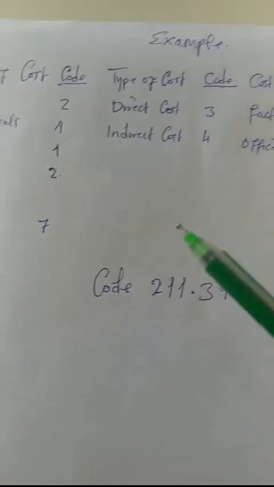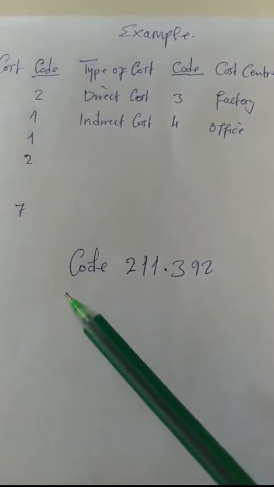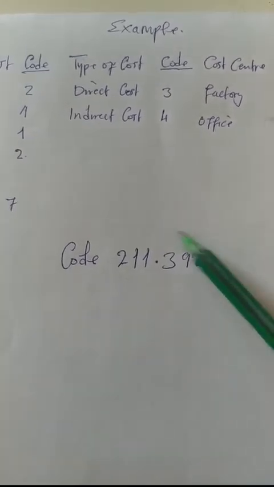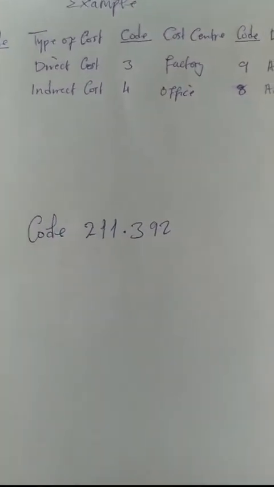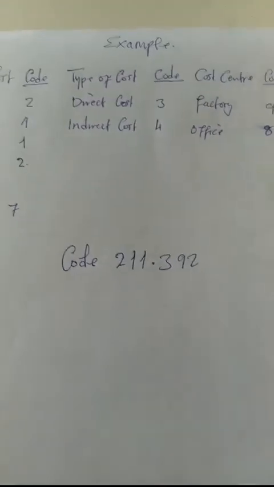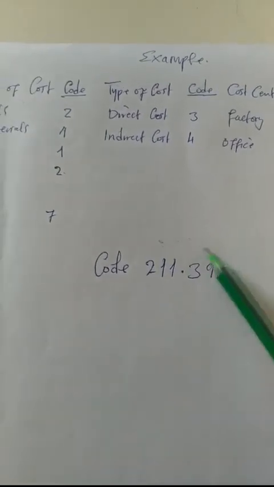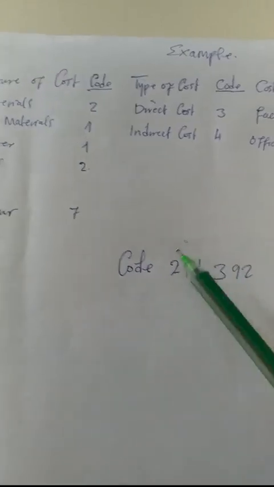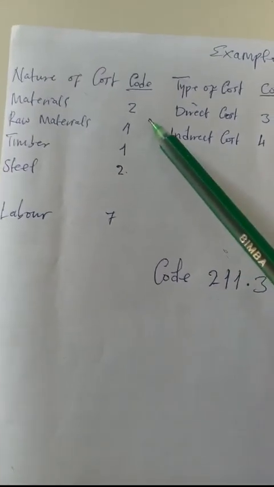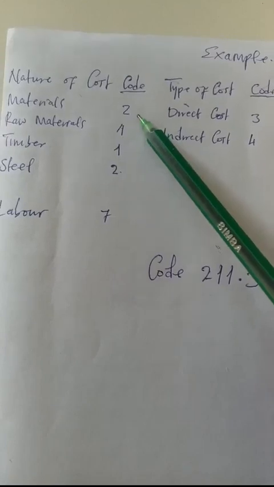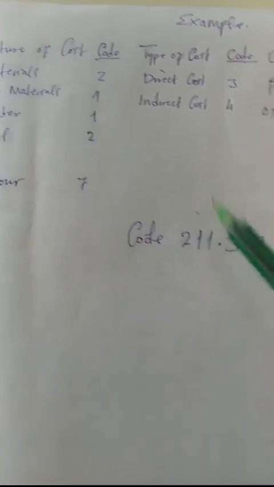Then you've made up a code like this for an item of expenditure. This item of expenditure was made on materials, and this was raw material 211.